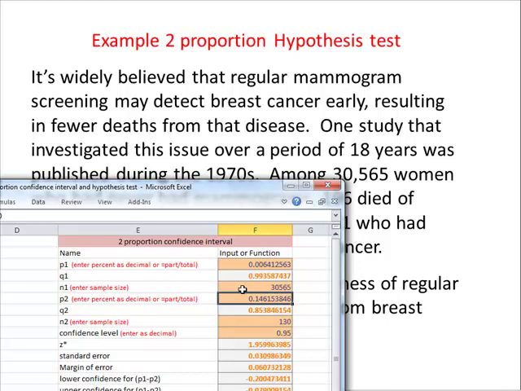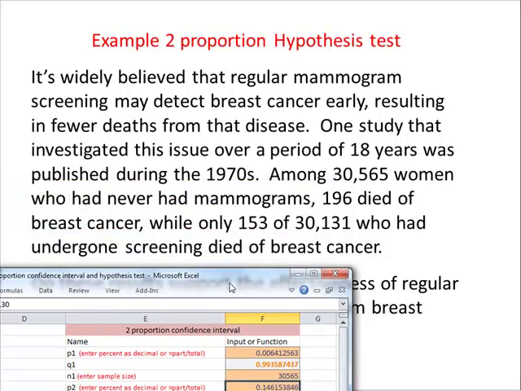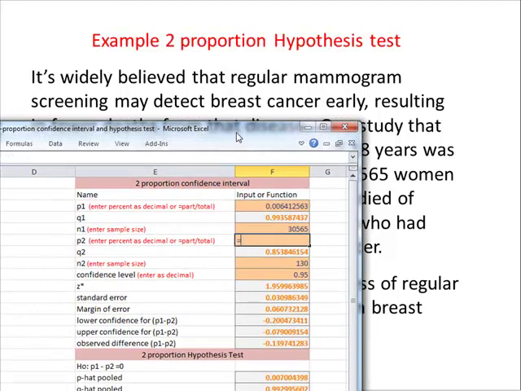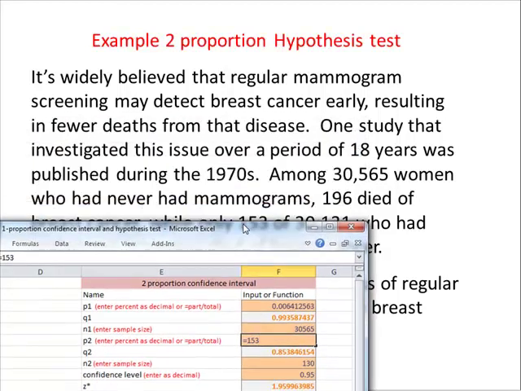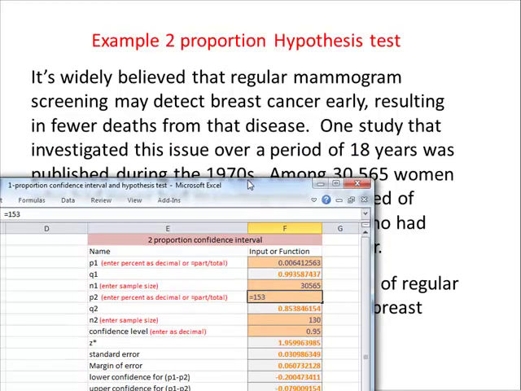And then for p2, we have 153 out of 30,131. So we'll do equals 153 divided by 30,131.